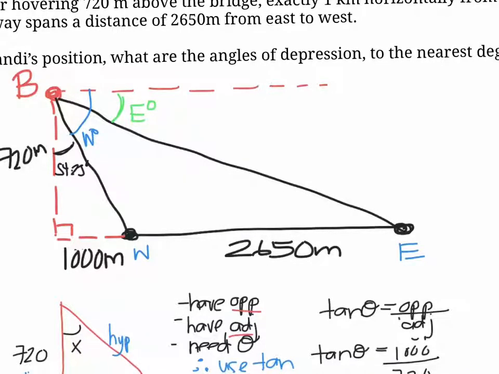We have this right angle triangle right here, but then we have a second one right here. Let me highlight it. Look at this one with this side, and this side, and this side. So this other hidden right angle triangle is going to help us with this angle right here, because if we find this one, then again we can just do 90 take away this one, and we get this one here.